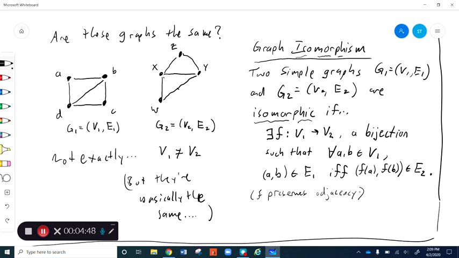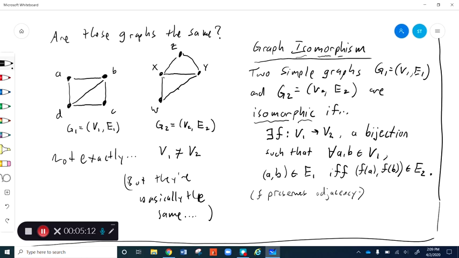That means that if two vertices are adjacent in the original graph, and you apply the function f to those vertices, then the resulting images will also be adjacent in the second graph. And vice versa as well. The inverse, f inverse, which will exist since it's a bijection, must also preserve adjacency going back.